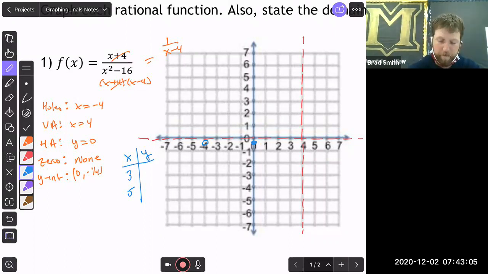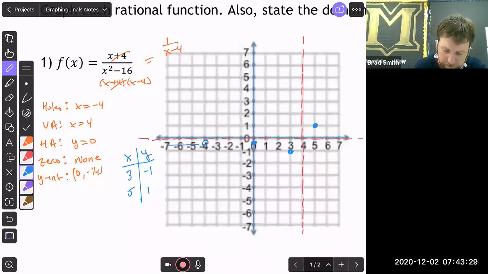So if I take 3 and plug it in, I got 1 over 3 minus 4, so 1 over negative 1 is negative 1. If I plug in 5, I got 1 over 5 minus 4, which is just 1 over 1, which is 1. So that gives me at 3, negative 1 I know is on the graph. Now, 5, 1 is on the graph. So it's an extra point to graph.